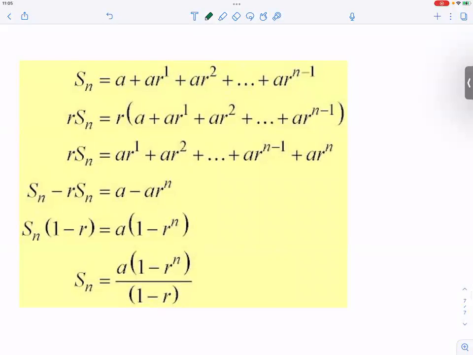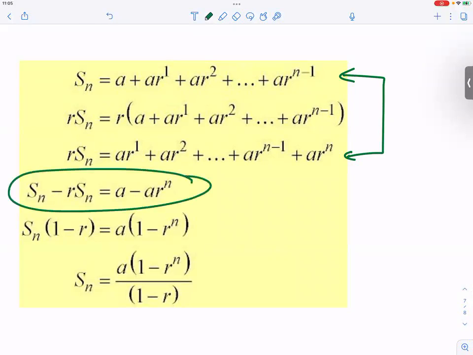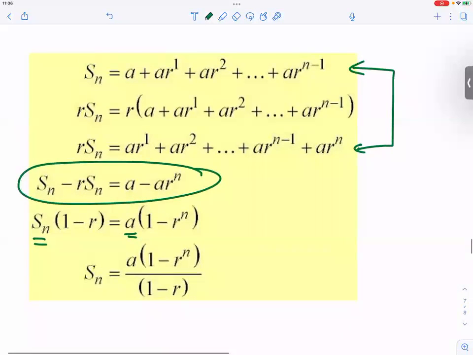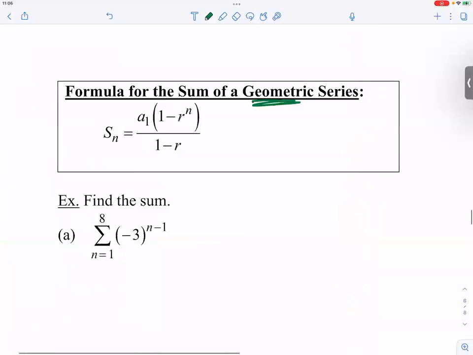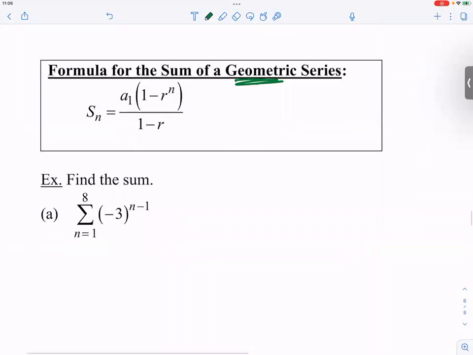We subtract these two equations, and then we have this. You factor the Sn, you factor the A, and then solve for Sn, and you have the equation up there. If you're interested, I can show you how it works, but for the near term, that's what it is.